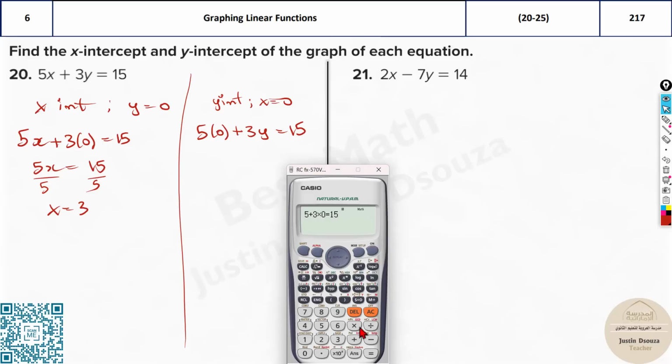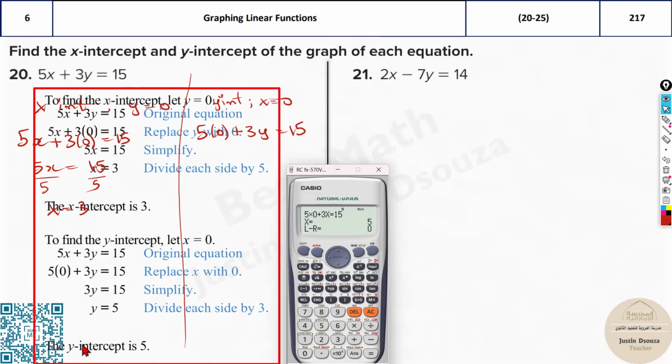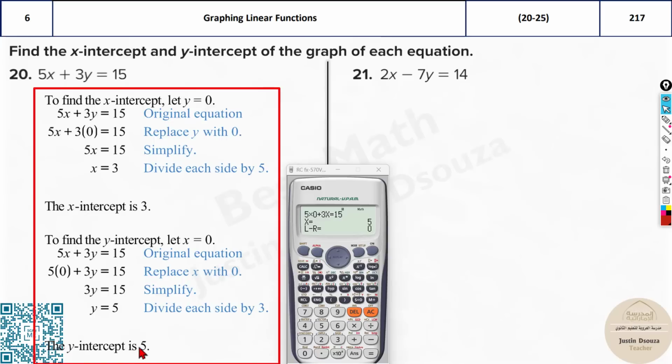This time the x value is 0, and wherever you put y, put x, because we have only one variable, whether it's x, y, or z, you put it as the x variable, because that means it's y, okay? Now shift, solve, and then equal to, it's 5. Here you can solve it and you'll get 5 itself. So that's the answer. You can see the x-intercept is 3 and the y-intercept is 5.